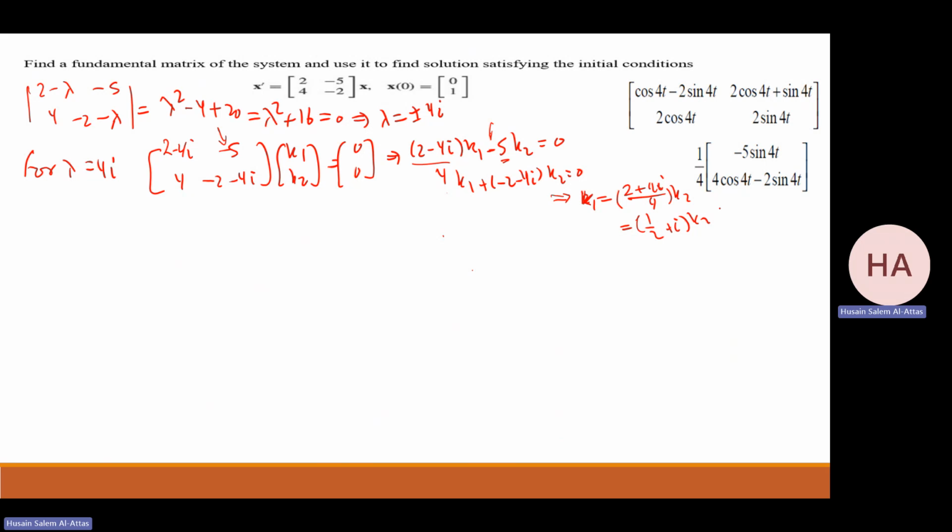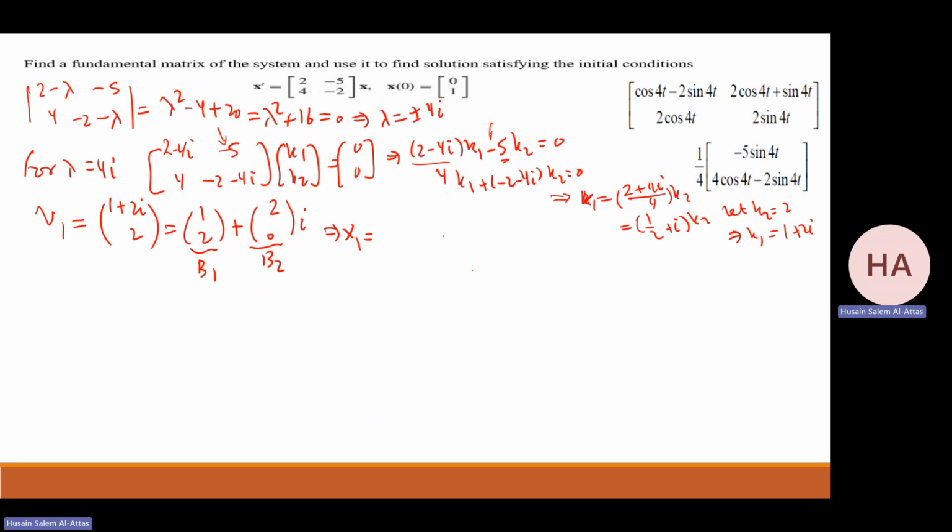So I let k2 be 2, and to cancel the fractions k1 will be 1 plus 2i. So my vector v1 will be 1 plus 2i and 2. That can be written as (1, 2) plus (2, 0) i. So this is b1 and this is b2. It will be my first solution.